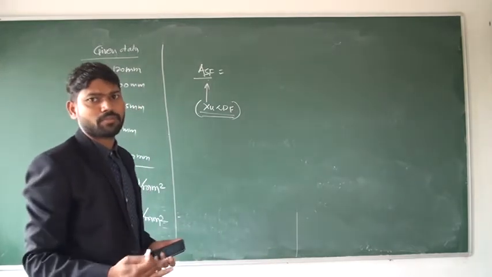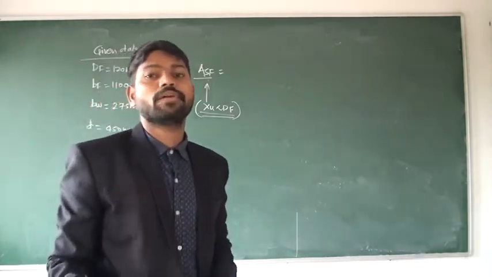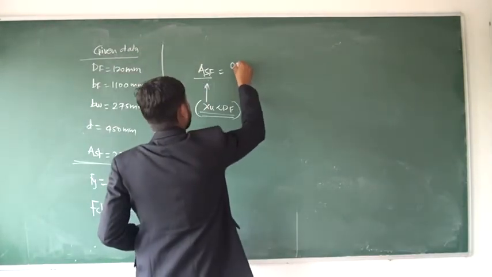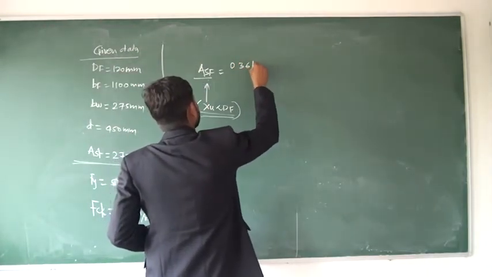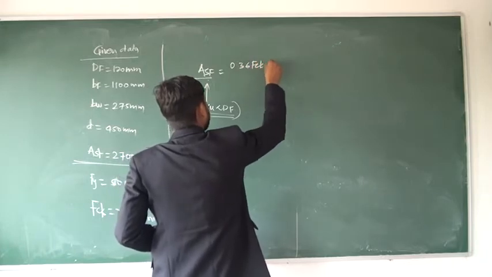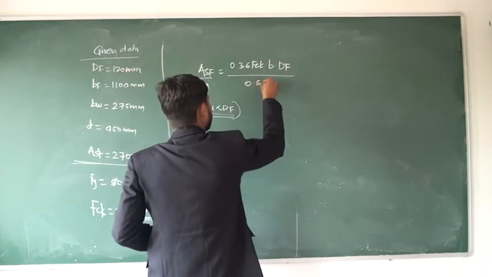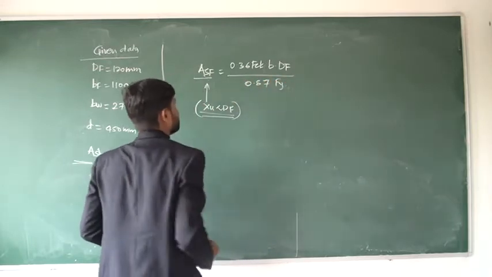It's a simple formula from which we calculate the value of XU. That is 0.36 FCK B into df divided by 0.87 Fy.